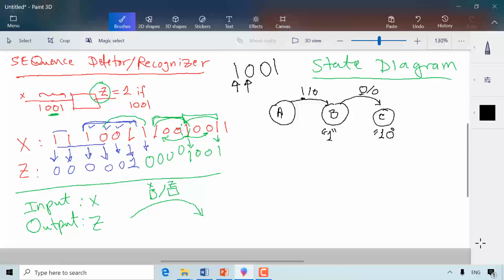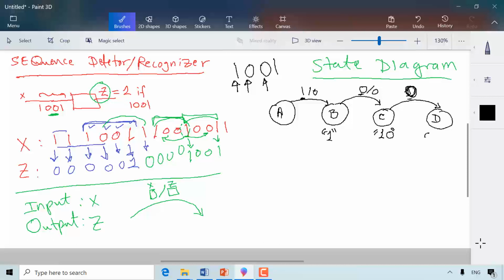Now, I need to check if I have received this, so I need another state. Let's call it D. D means I will go to it if I have a 0, which means I have seen 1, 0, 0.